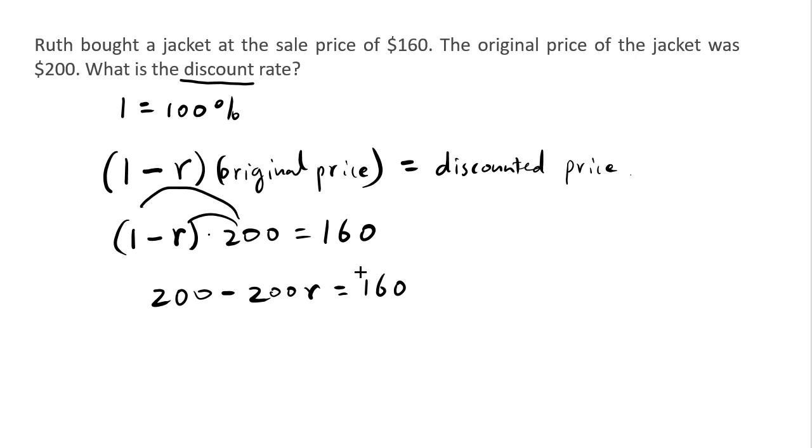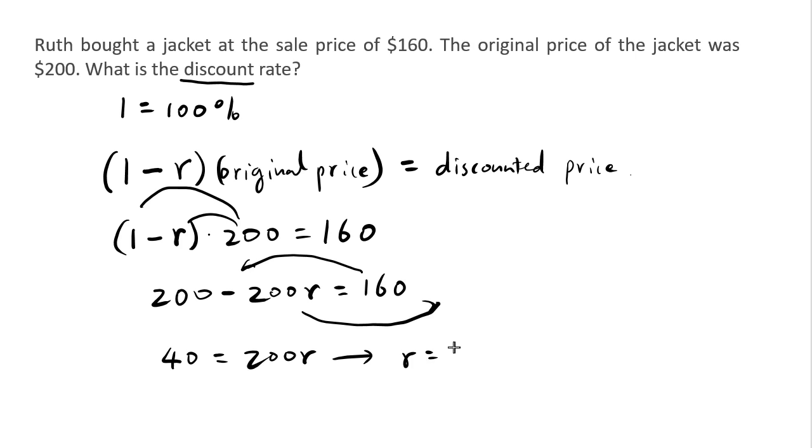Let's subtract 160 and add 200 so that you get 40 equals 200r, and then divide by 200. So 40 divided by 200 gives you 4 over 20, or 1/5. Okay, 40 times 5 is 200, so it's 1/5.